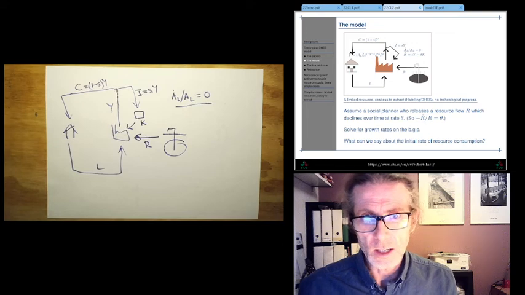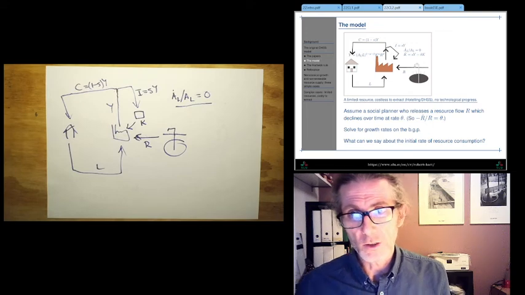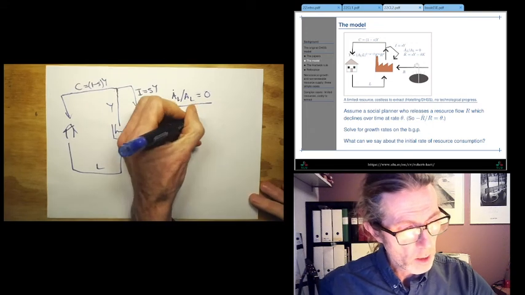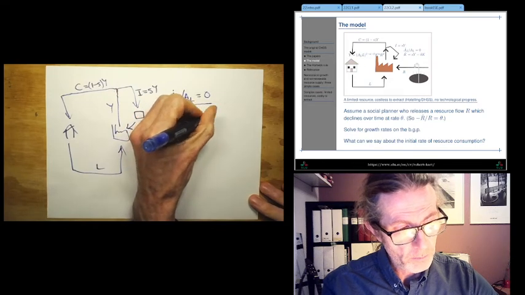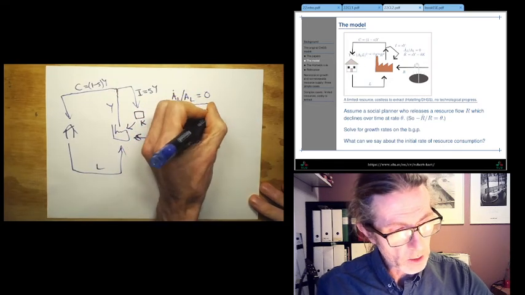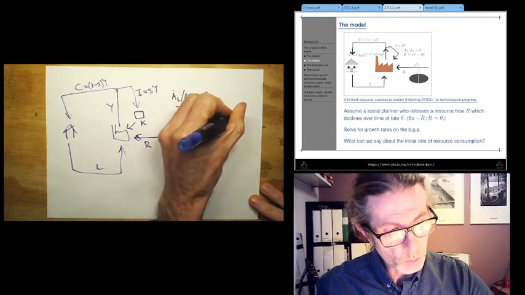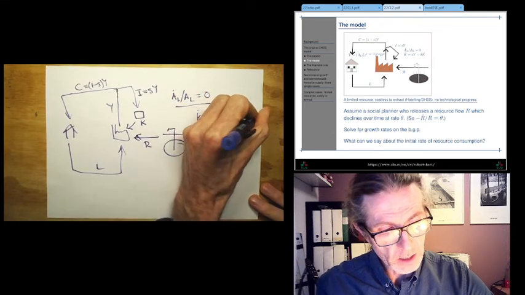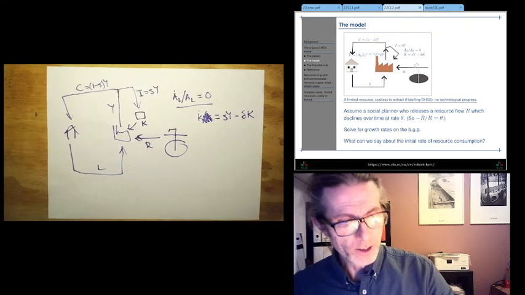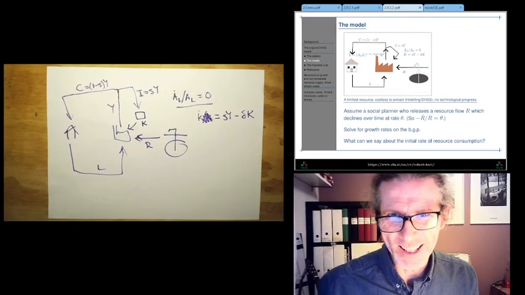So they said, well, what happens if we don't have technological progress? But we still have the capital accumulation equation. K dot is Sy minus delta K. We'll come back to that delta in a little while.